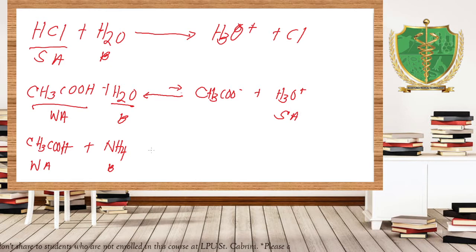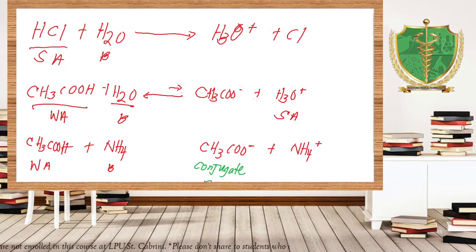Ngayon, ano yung mangyayari dito? It will produce acetate ion. Acetate ion is our conjugate base, plus our ammonium ion.